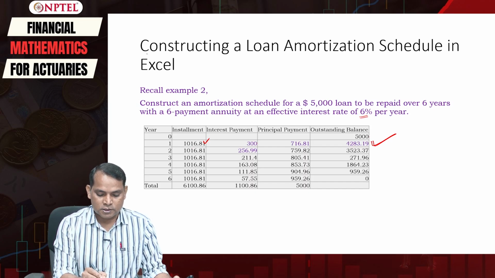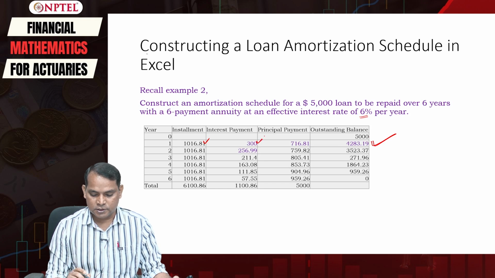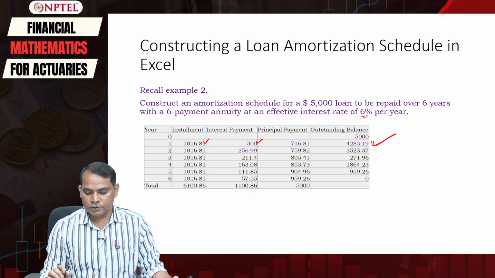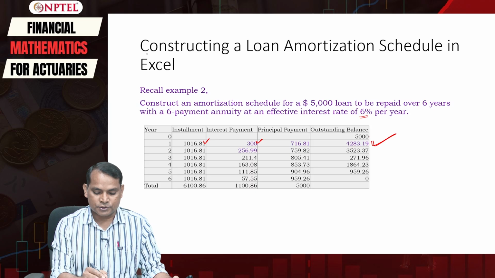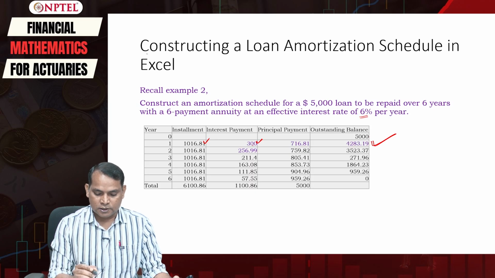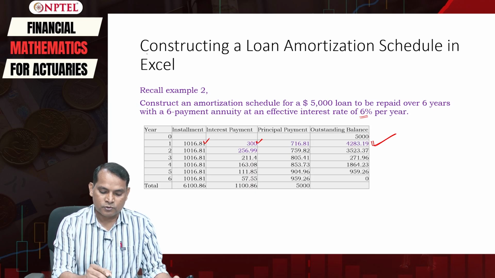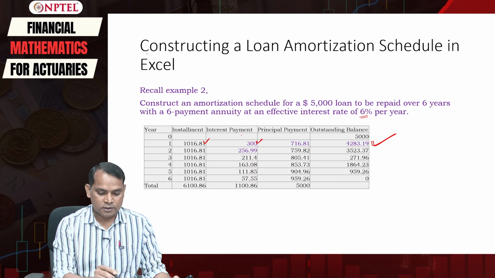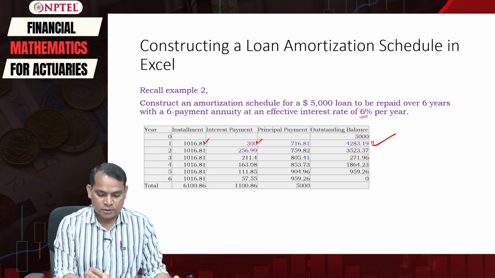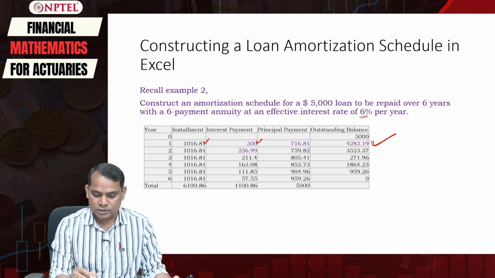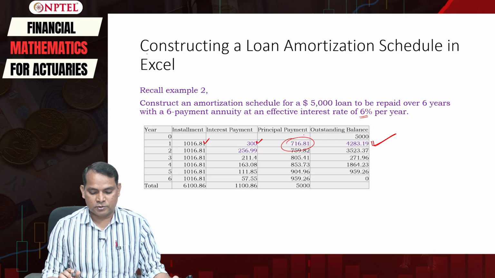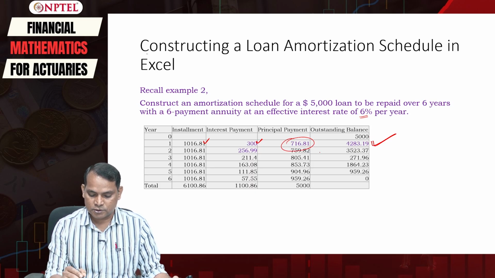Now what is this value? It is basically 6% of your $5,000. That is $300, and this $300 will go towards the interest payment. You remove this $300 from the installment, and you get the amount that goes toward the principal, so that is the principal reduction.